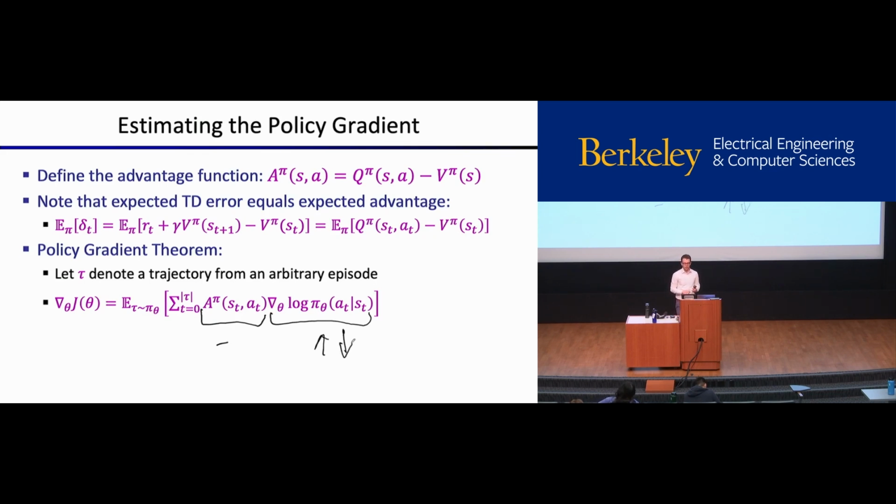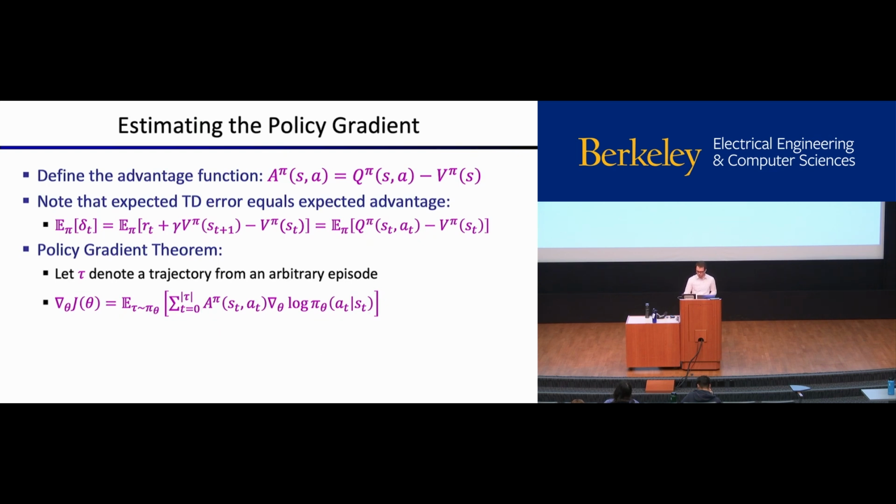So when we have a lot of benefit of taking this action over following our existing policy, the advantage is going to be positive and large, and we should make a big change to our policy to incentivize taking that action as opposed to our policy actions. On the contrary, if A is really negative, then we should definitely downweight that action in the future because it's way worse than our policy in general. Okay? So that's the concept here.